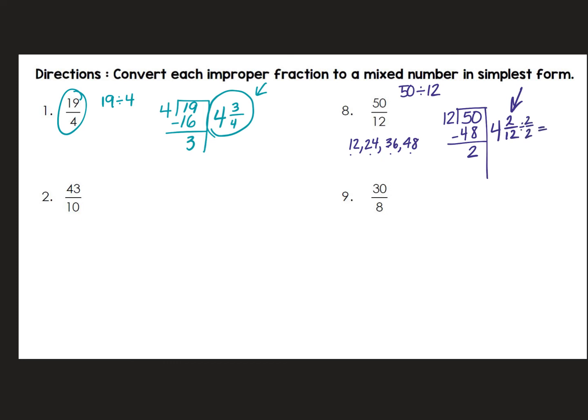So my equivalent, or my simplest form, will be 4 and 1/6. So that's the mixed number that's equivalent to 50/12. This is also equivalent, but this one is in simplest form.